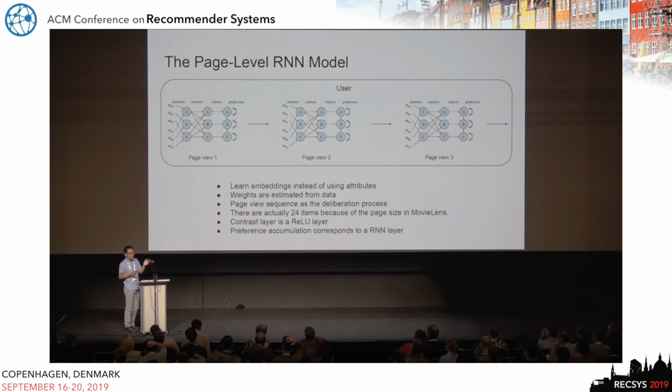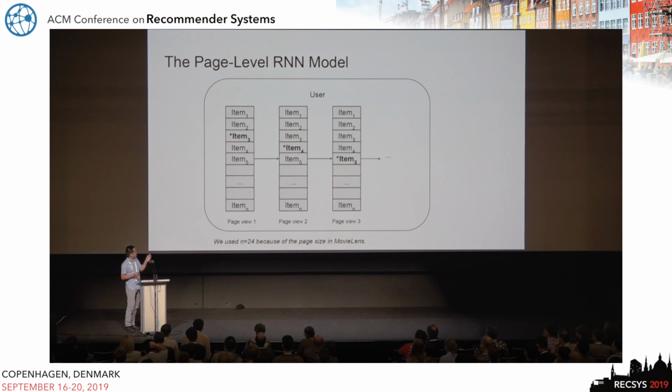Instead of explicitly using attributes, we use embeddings learned from data, and the connection weights are estimated from data instead of being specified. And we have many more items, 24 instead of 3, so it makes it a little more complex. For the contrast layer we use ReLU to model that, and we use an RNN to model the preference accumulation.